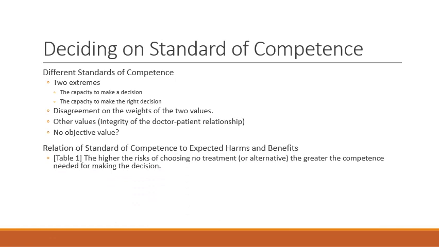So one thing that they do in terms of taking a stand on the appropriate standard is this relationship between the expected harms of a treatment and the benefits of the treatment and the level of competence. So they have this table.